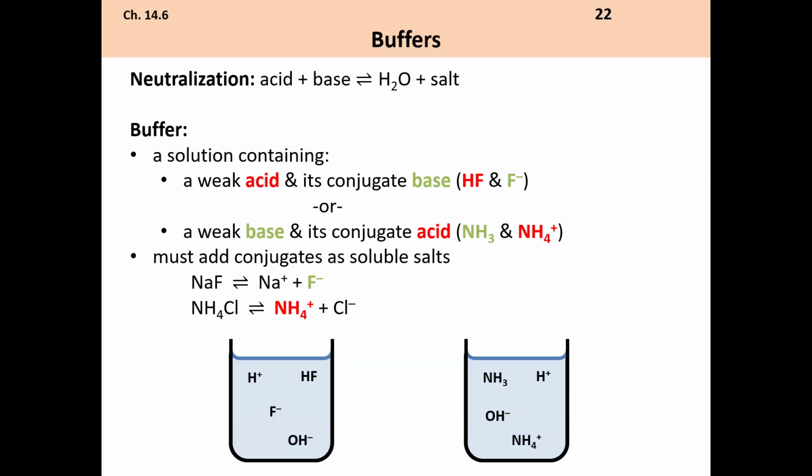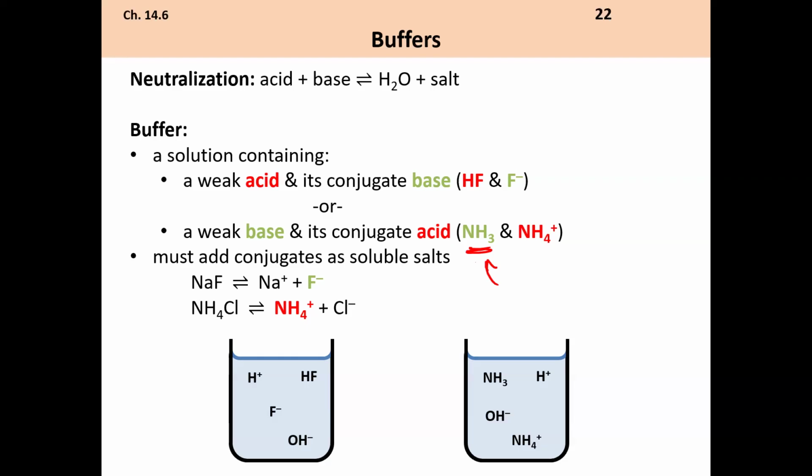But let's say not HF, but another example. NH3 is a weak base. I could find solid NH3. It's impossible to get solid NH4 plus, right? If it's an ion, it can't be a solid.